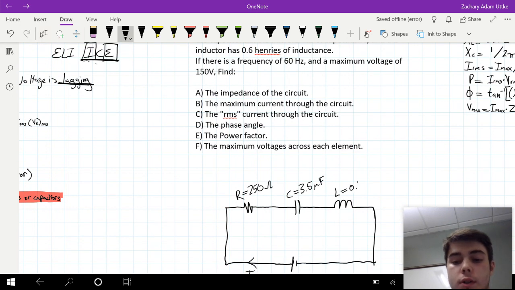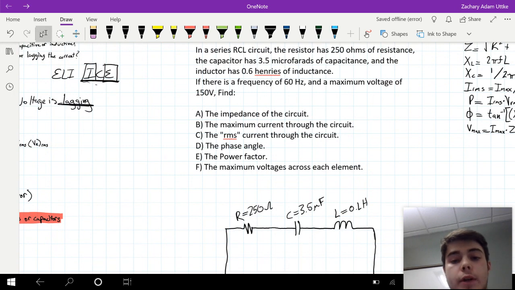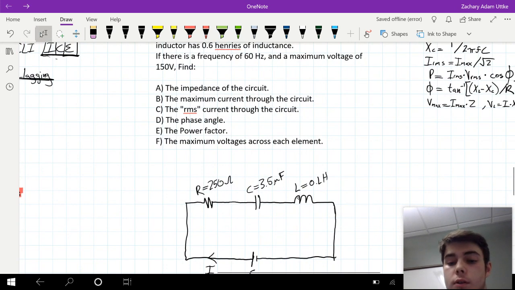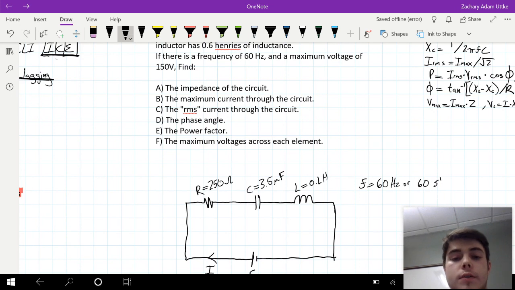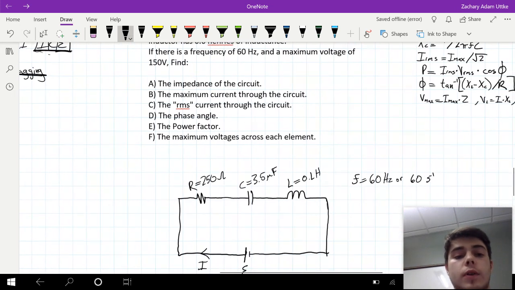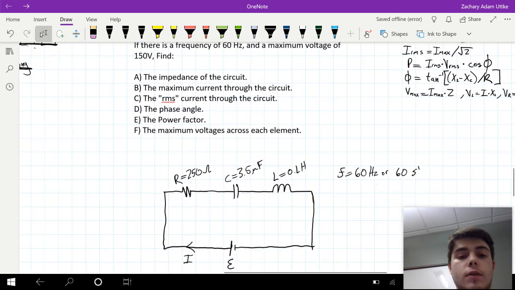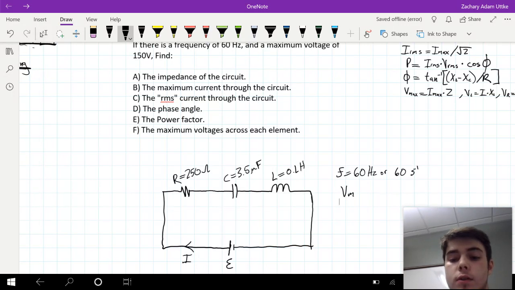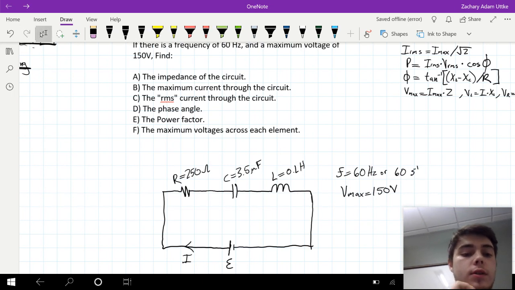So 0.6 henries. If there is a frequency of 60 hertz, so f equals 60 hertz or 60 inverse seconds, and the maximum voltage of 150, so Vmax equals 150 volts, find all these things, A through F.